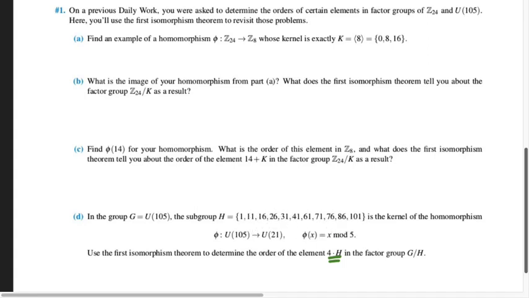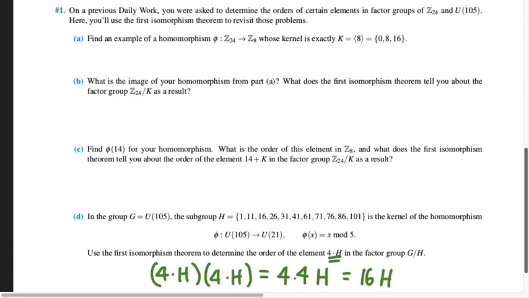So the quick way to do it is just to try testing what is the second power of the element 4H. So what am I going to get here? And 4 times 4, that's 16.